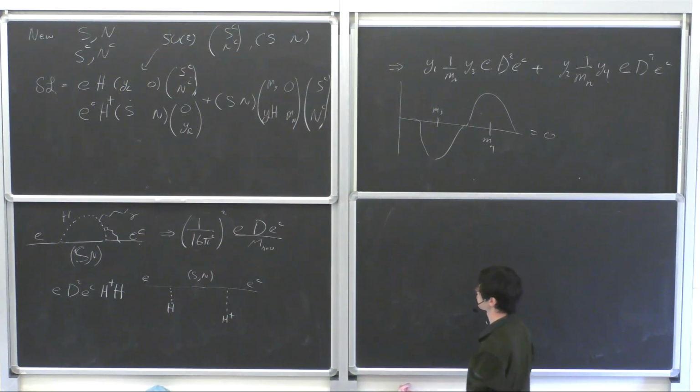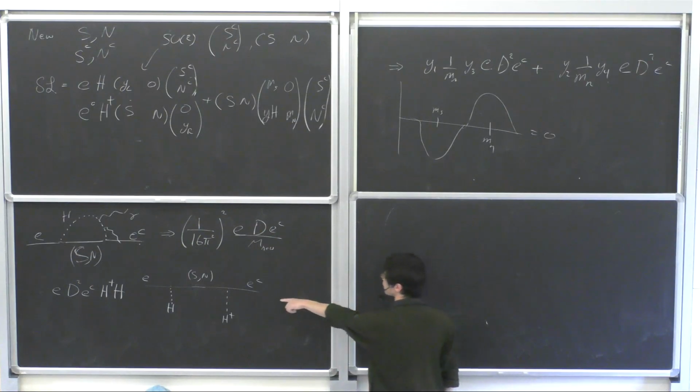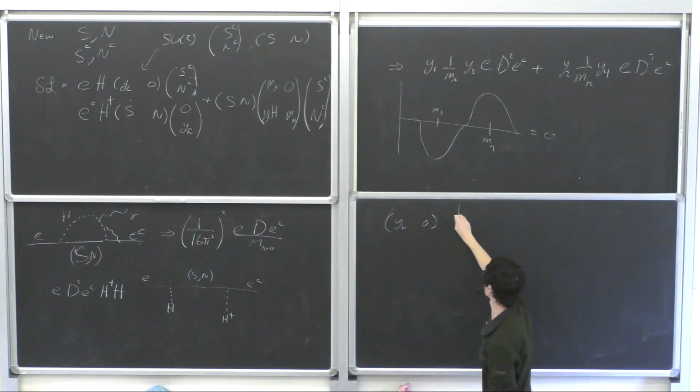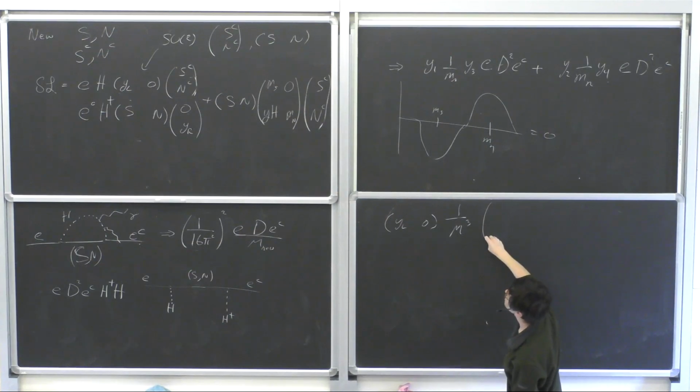And okay, let's just, again, it must have YL 0, 1 over m cubed. What is the other? 0 YR. Now let's be a little bit careful about this m cubed.